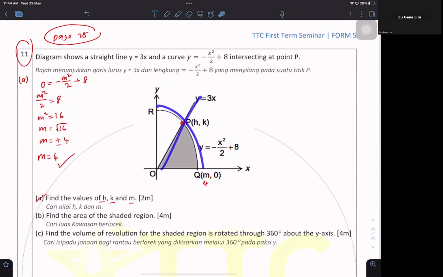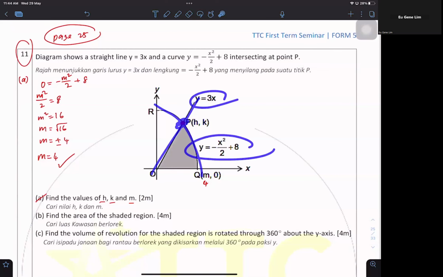When two lines touch together, what you do? You substitute. Remember that? When two lines touch together, you substitute. So you take the straight line equation and the curve equation, and you do substitution.